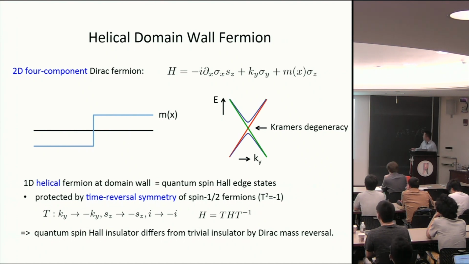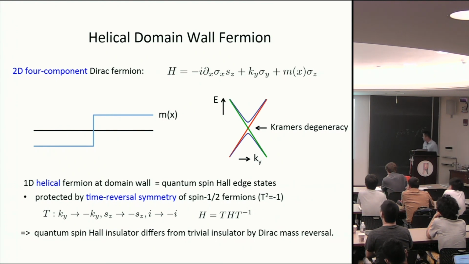Okay, and the net result is that, solving this domain wall problem, there are now 2 branches of subgap states, one with spin up, one with spin down, and they move in opposite directions. And the whole system is now time reversal invariant. So the time reversal partner of a spin up state moving in one direction is the spin down state moving in the opposite direction.